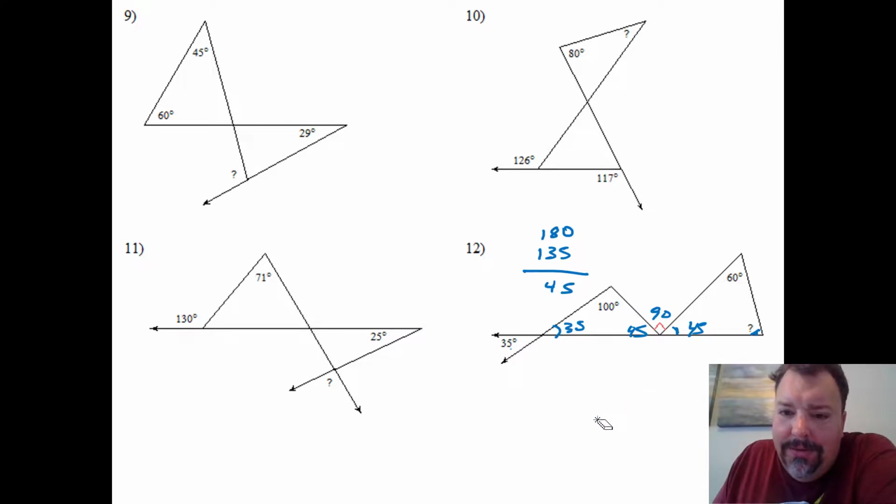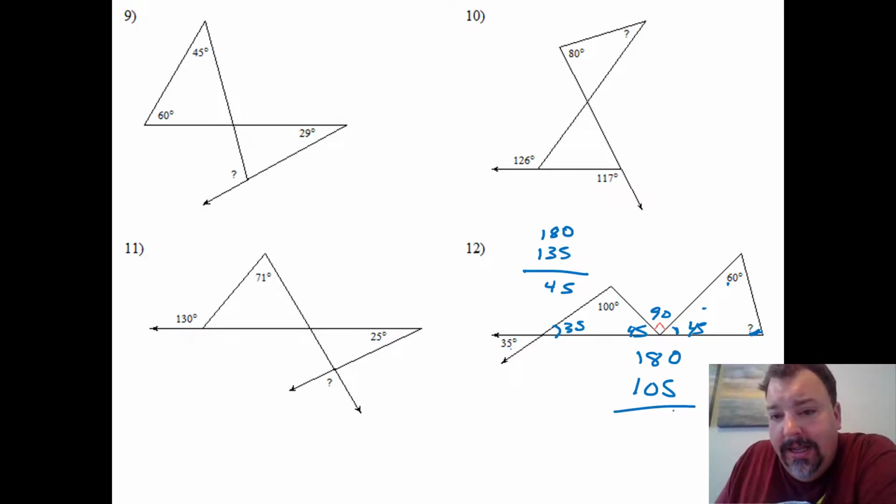So now I can find at last the missing angle that I want, because now I know these two angles, 60 and 45, which add up to 105, subtracted from 180, and that's going to give me 75. And that looks like it's about a 75-degree angle.